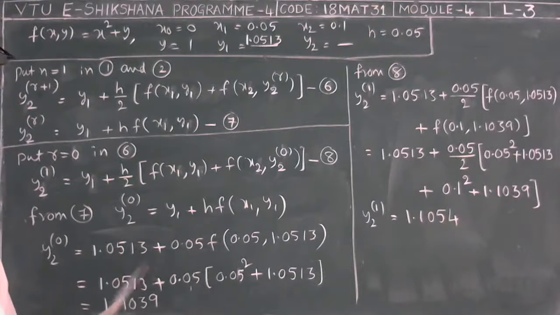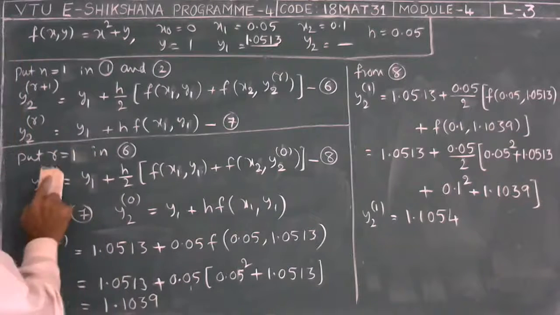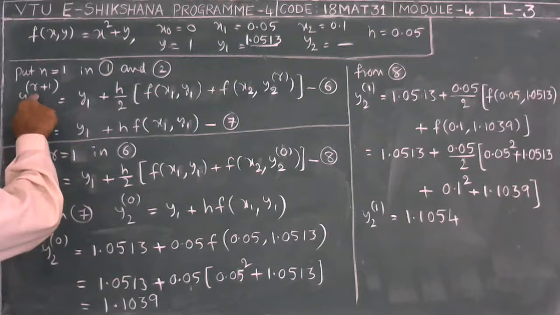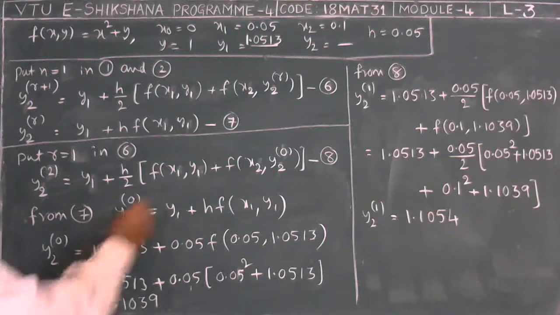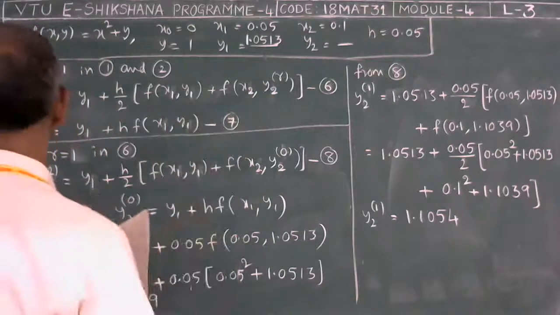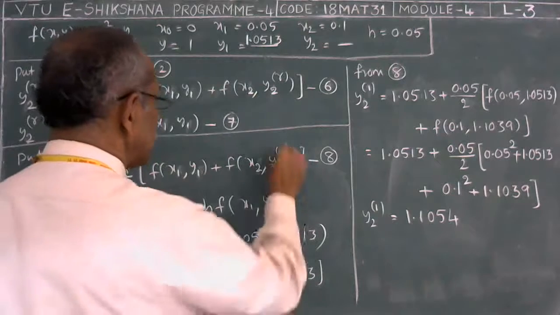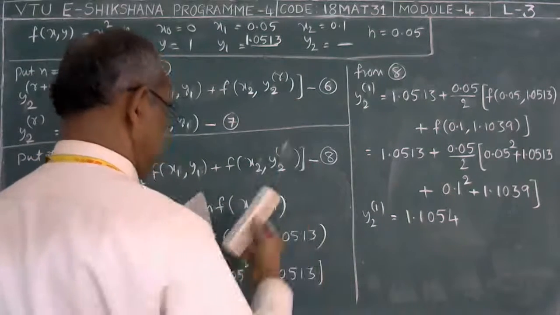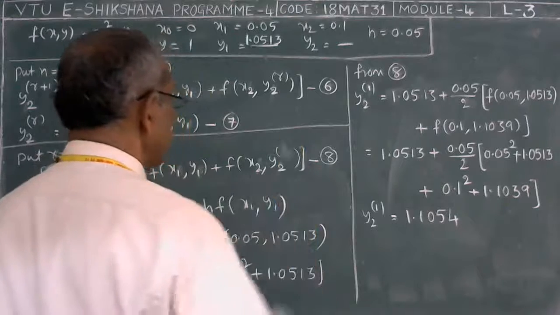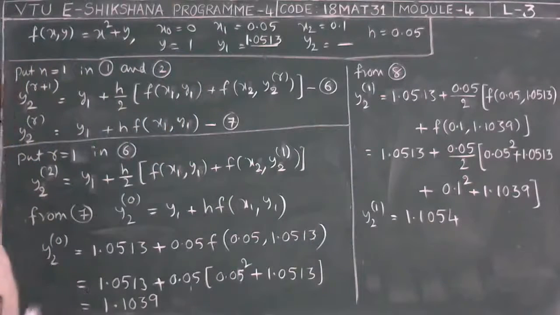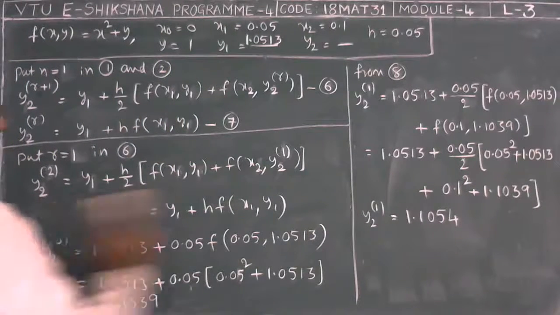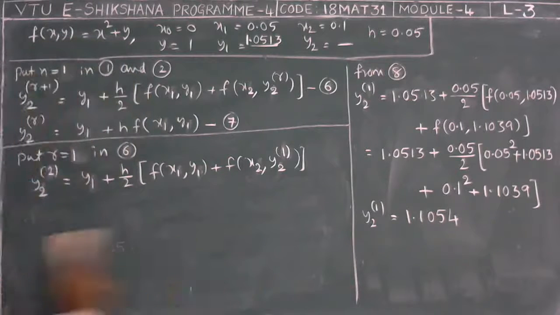Now let us fix r equal to 1 in 6. Then we get y22 equal to y1, everything the same, with y21 in place of y20. Now let me substitute the value of y21 here and compute y22.